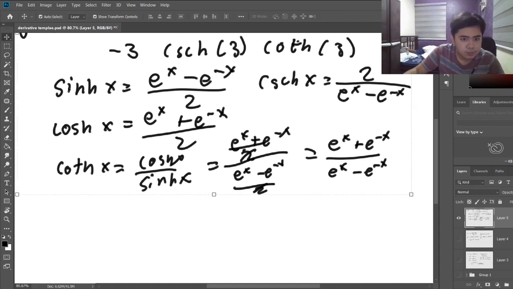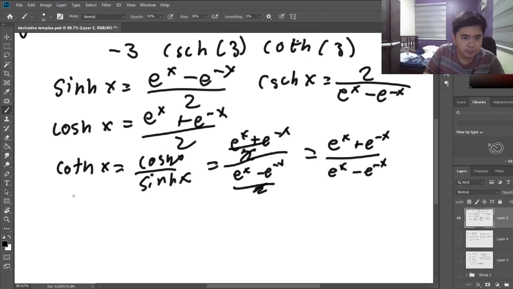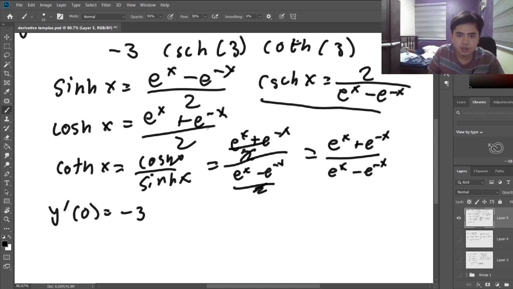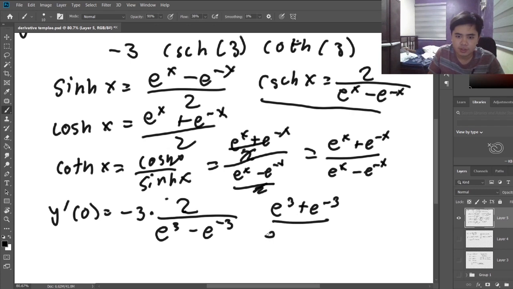So y prime of 0 is equal to negative 3, and then hyperbolic cosecant is this one, so let's input 3 in x, so we get times 2 over e^3 minus e^(-3). For cotangent, it's the same thing. Let's just put 3 in this x, so we get e^3 plus e^(-3) over e^3 minus e^(-3).